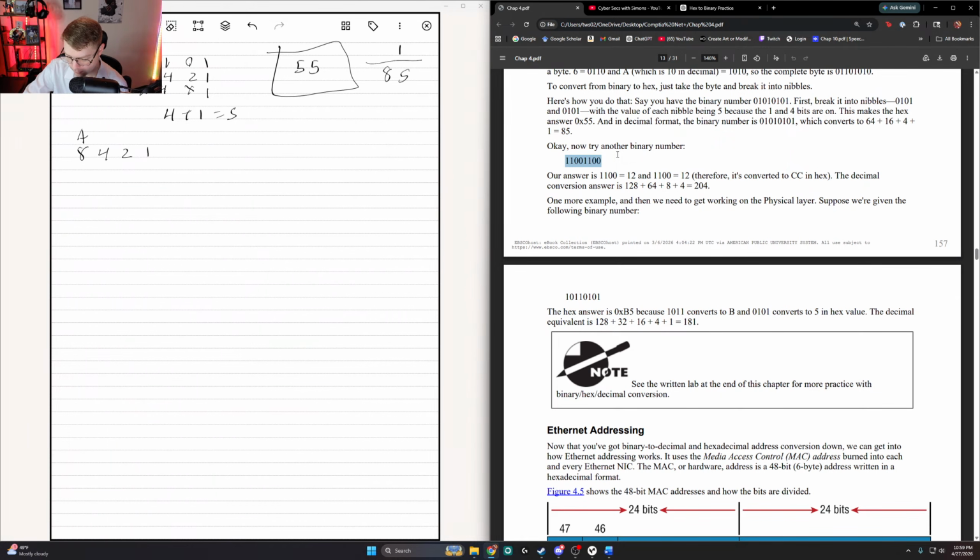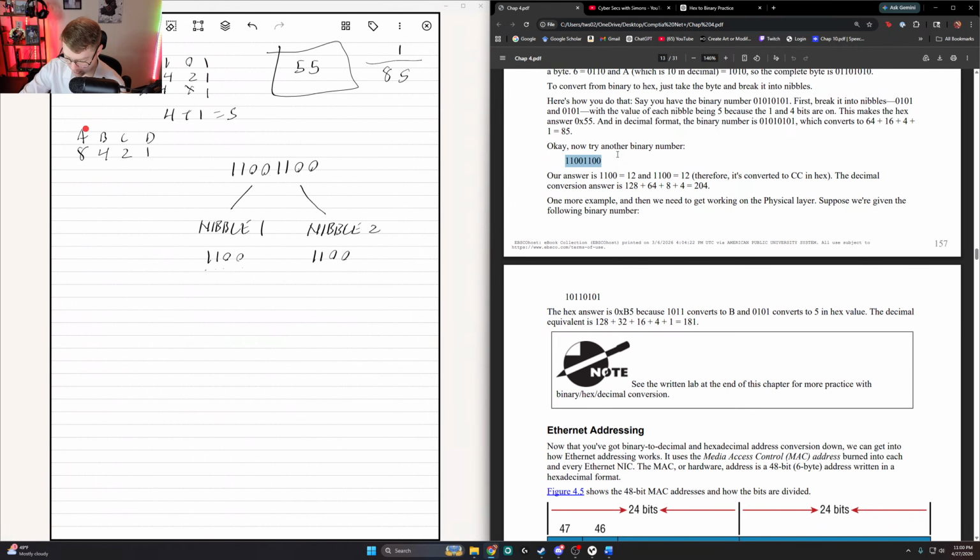Our binary value is 1100, 1100. So nibble 1 would be 1100, and nibble 2 would be 1100.